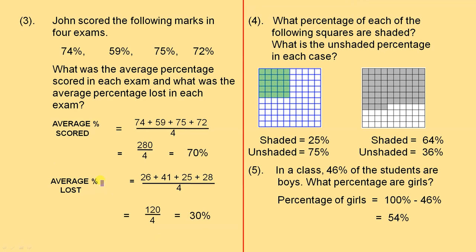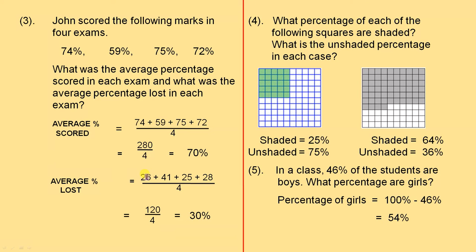Now the average percentage lost. Well, if he scored 74% in the first test, that means he lost 26. He scored 59 here, so he lost 41. Scored 25 there, so he lost 75, no, he scored 75 there, so he lost 25, and he scored 72 there, so he lost 28.